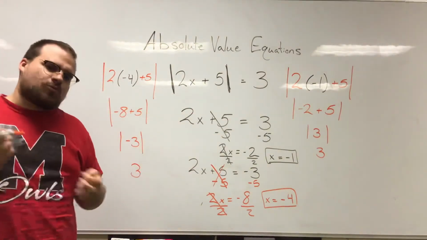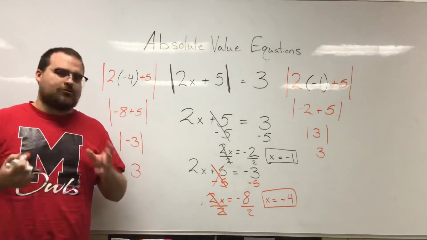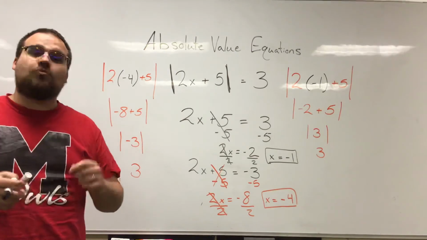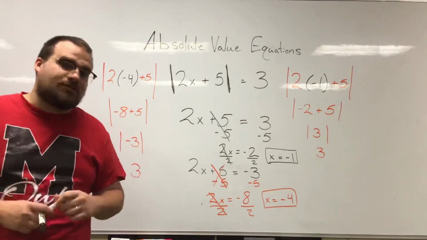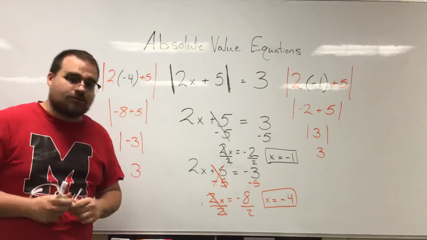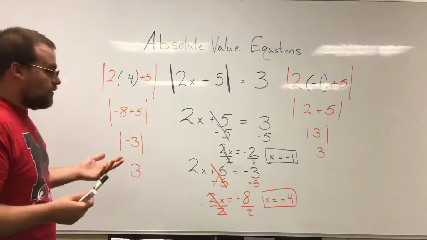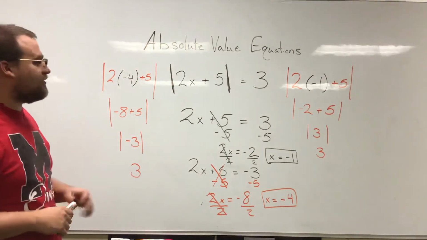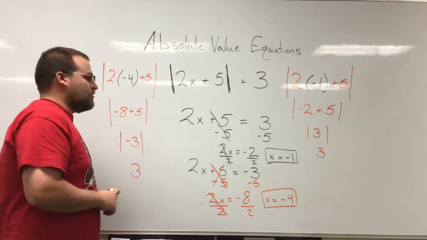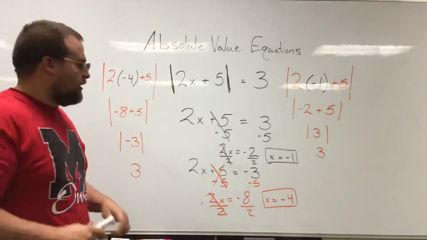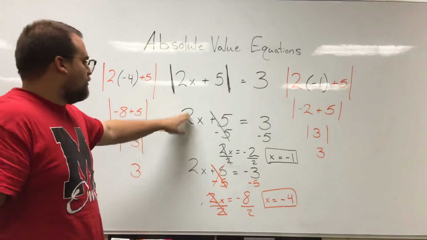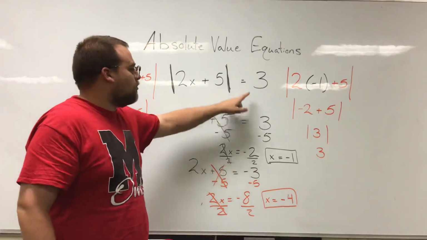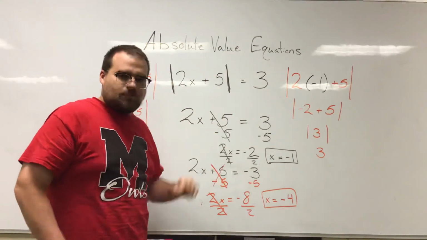So I know it seems really weird to have 2 answers to a problem, but in absolute value problems, you will 90% of the time have 2 different answers. Every time you have an absolute value problem that looks like this, just to recap real quick, you take what's inside the absolute value bars and you set it equal to what it already says it's equal to.